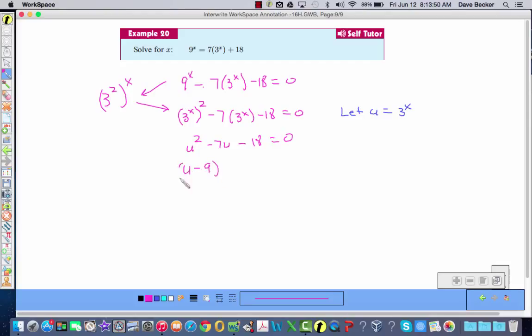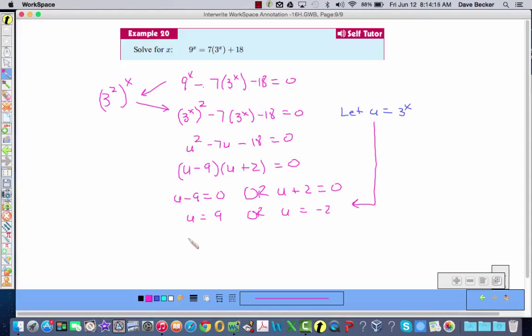u minus 9 times u plus 2 is equal to 0, which means u minus 9 equals 0, or u plus 2 equals 0. So u is going to be equal to 9, or u is going to be equal to negative 2. Then I reach out of my back pocket and say 3 to the x is equal to 9. That's an easy solve. x is going to be equal to 2.